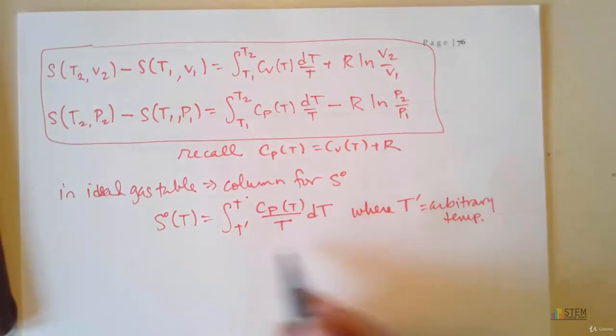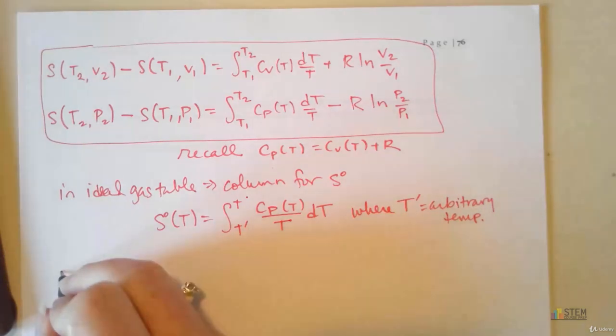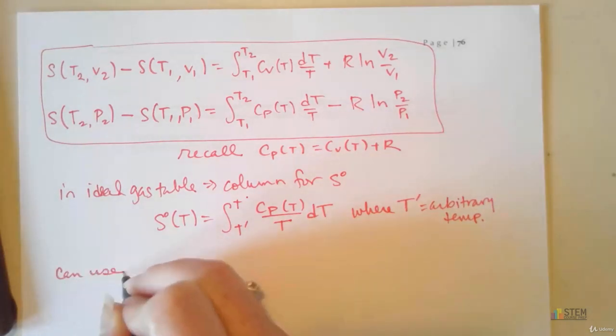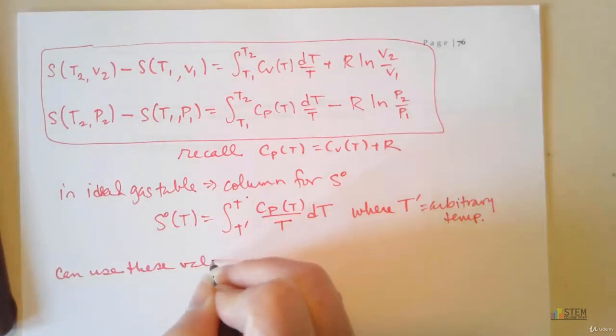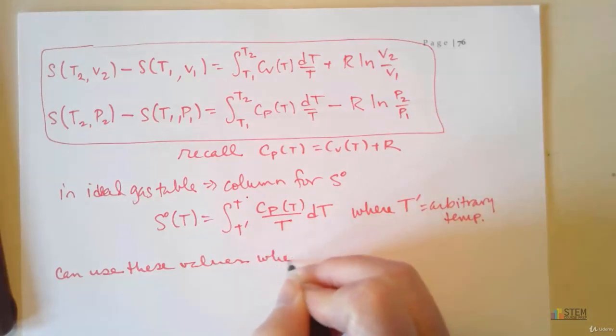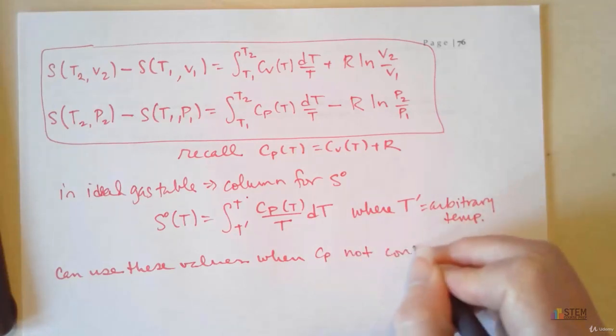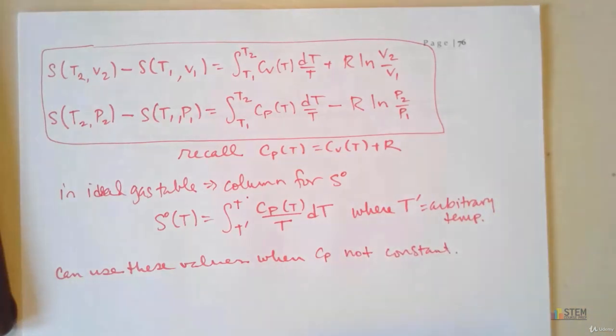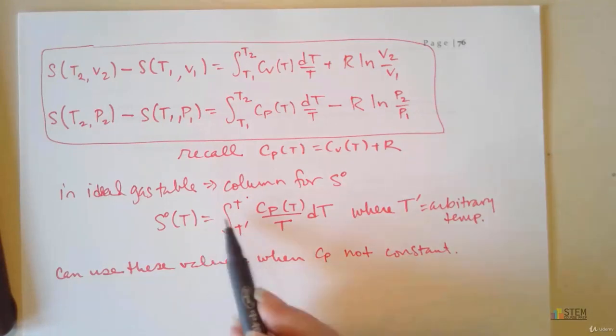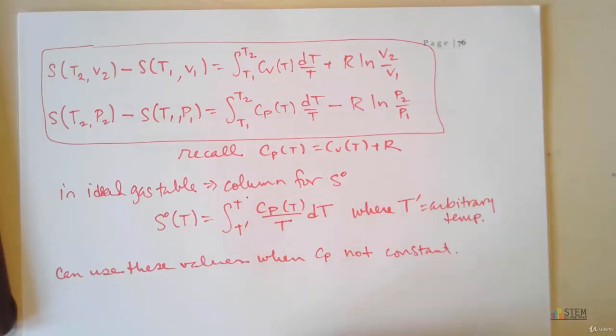The reason why we want these values is because we can use these values when our Cp is not constant. All right, so if it's changing, because sometimes it does change. Now, that being said, let's see how to use this and how it's going to help us.